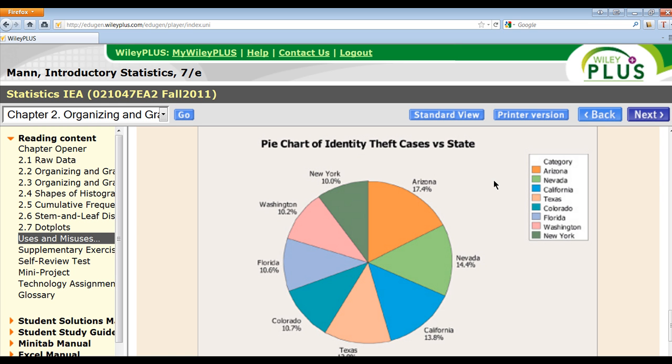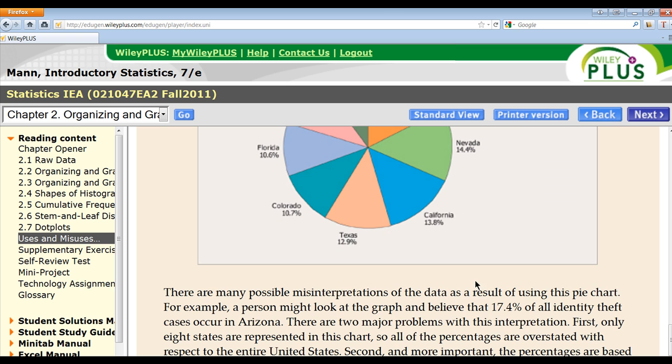There are many possible misinterpretations of the data as a result of using the pie chart. For example, a person might look at the graph and believe that 17.4% of all identity theft cases occur in Arizona. If you displayed the data like this, it isn't exactly wrong, but you're not supposed to use a pie chart in this case. It would certainly lend itself to being interpreted that 17.4% of all identity theft cases occur in Arizona, but that's definitely not the case, even though this graph makes it look like it is. There are two major problems with this interpretation.